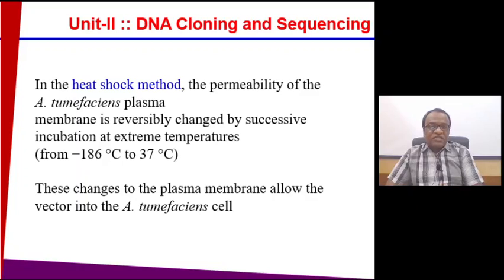And these changes to the plasma membrane allow the vector into the Agrobacterium tumefaciens cell, right? So these are the three important methods for the transfer of the vector into the Agrobacterium tumefaciens cell.